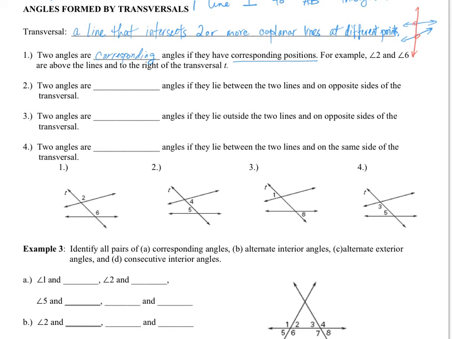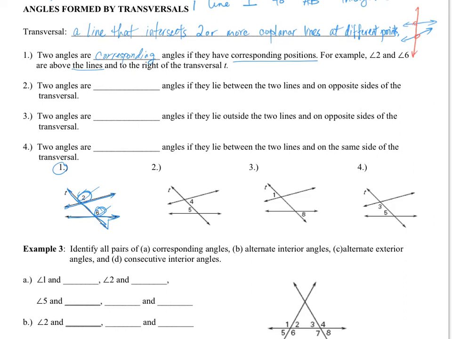For example, if you look at the picture here, number 1, angle 2 and angle 6 are above the lines and to the right of the transversal T. So because of their corresponding positions, that's why they're called corresponding angles.